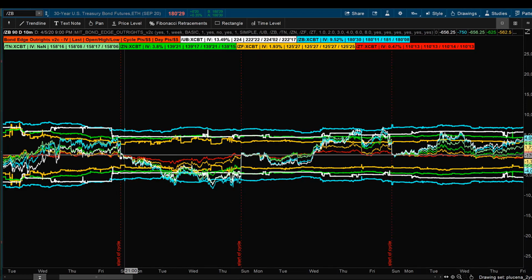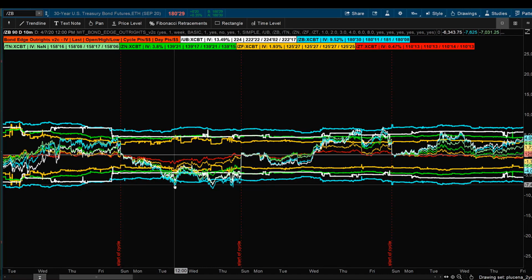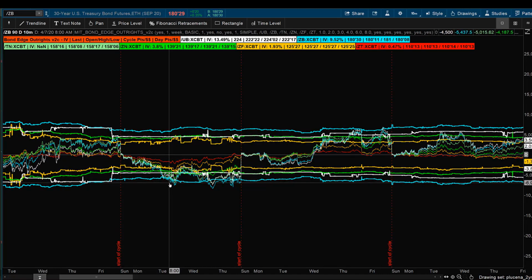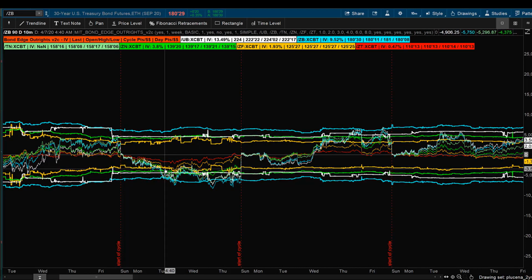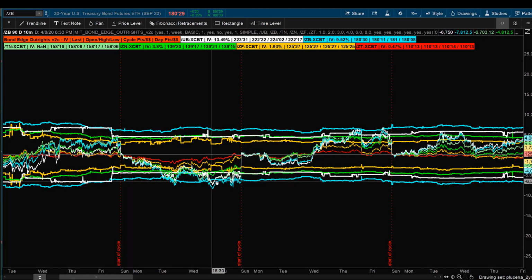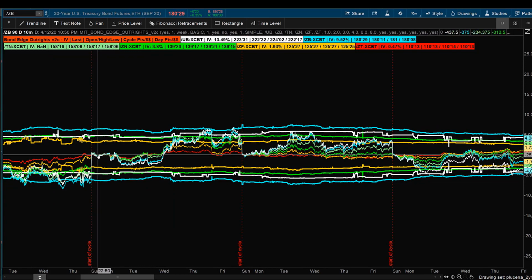This following week, what happened? The rubber band also got stretched. Notice that these blue and white lines are down here, but yet the red line is up here. And it continues getting stretched. Following week, they start out very tight.